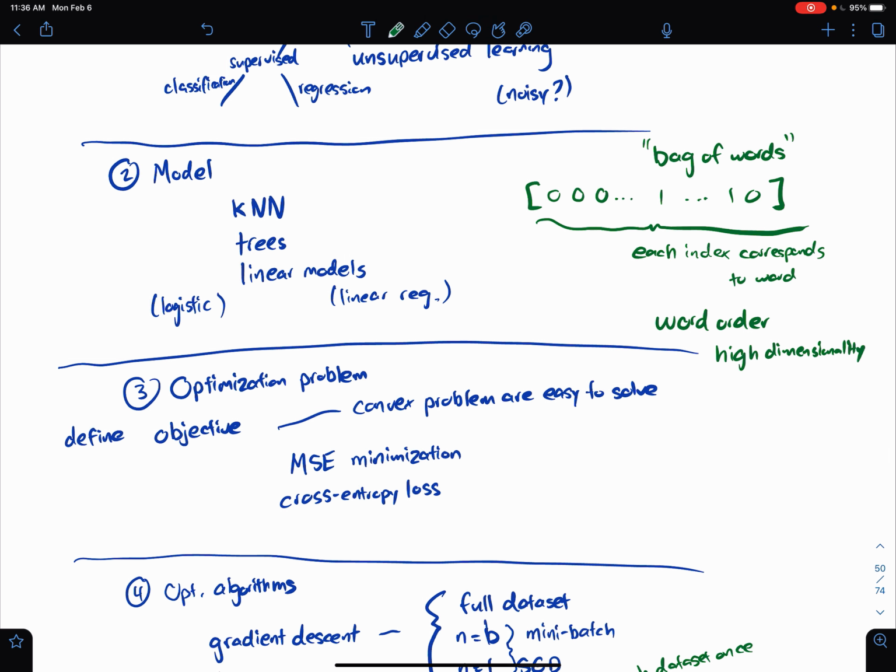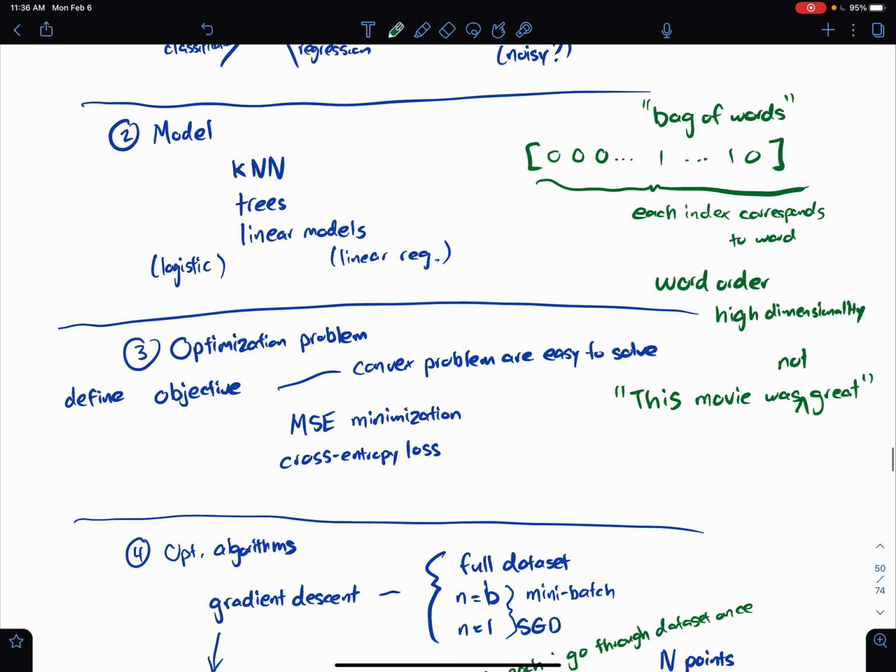If we have something that says, this movie was great, and you added an additional word like not into here, that's going to change our classification drastically, right? If we're trying to do sentiment analysis, which is figuring out whether a given sentence is positive or neutral or negative, then the presence of the word not has a really dramatic effect. And word order is really important for helping us understand that.